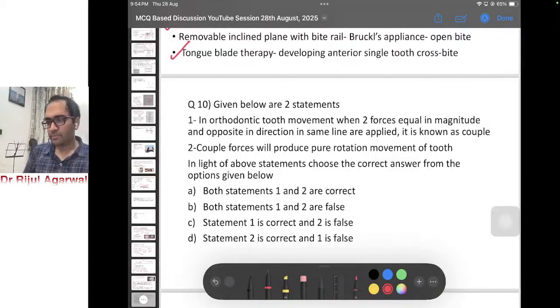Option A. Option A. So everyone is saying option A. Anyone else?